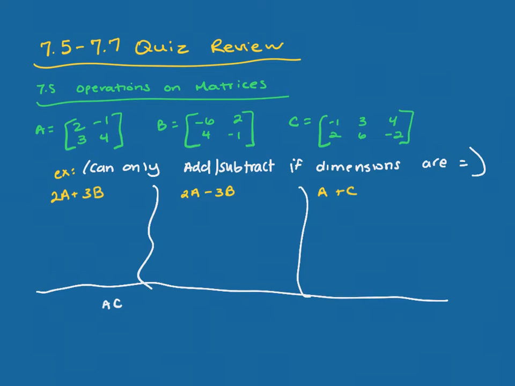So I would first multiply 2 times each of those in A, and I'd get 4, -2, 6, and 8. And then multiply the 3 on the inside for 3B. So plus -18, 6, 12, -3.